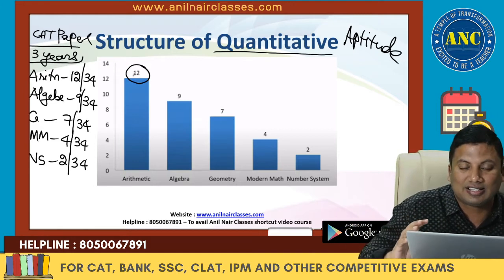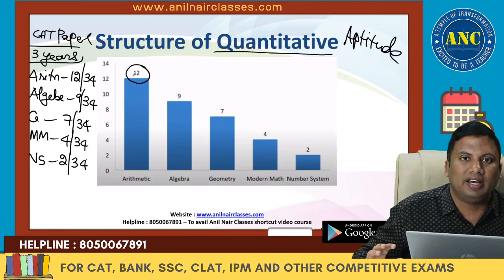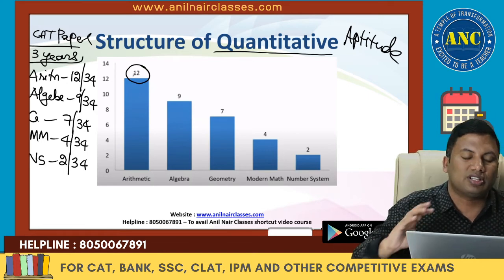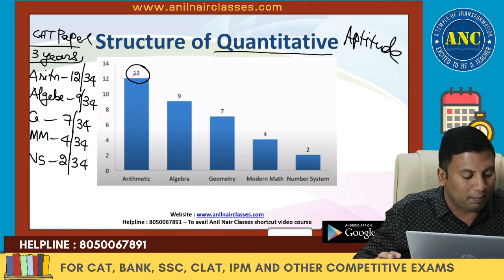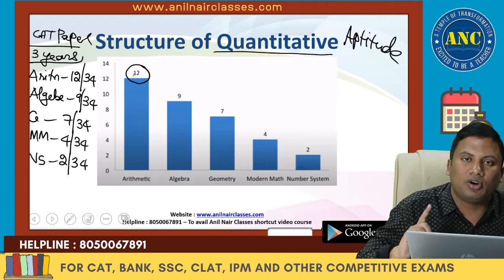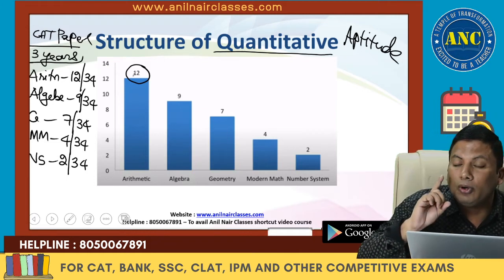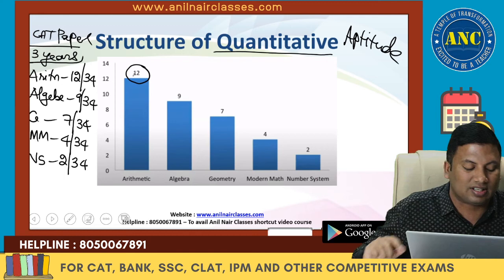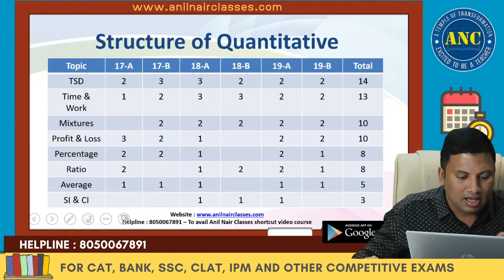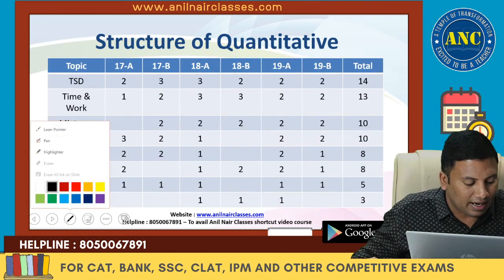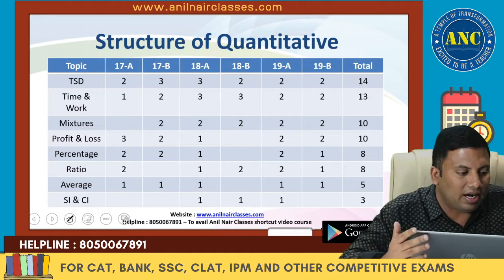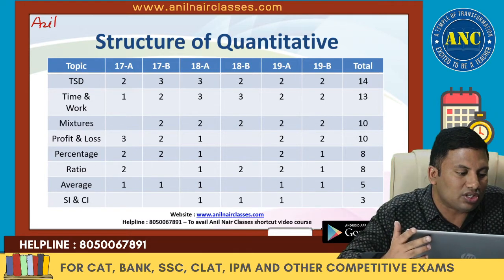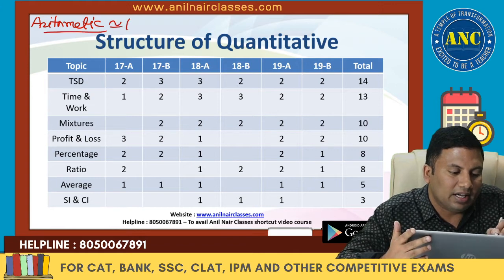Now let us discuss what are the most important areas in arithmetic where the questions are generally getting repeated in the last 3 years. Please note this, the statistics is purely based on the last 3 years of CAT papers. Now if I get into CAT arithmetic, on an average close to 12 questions you are getting in a CAT paper.